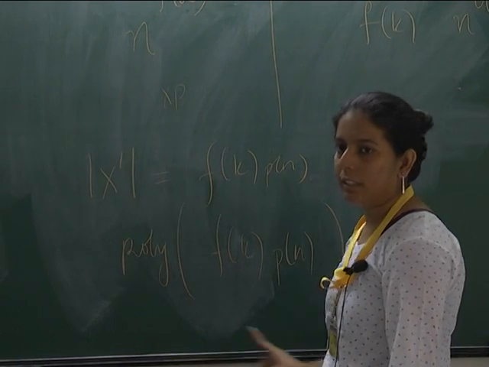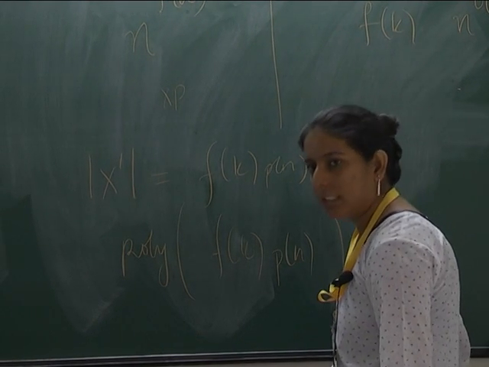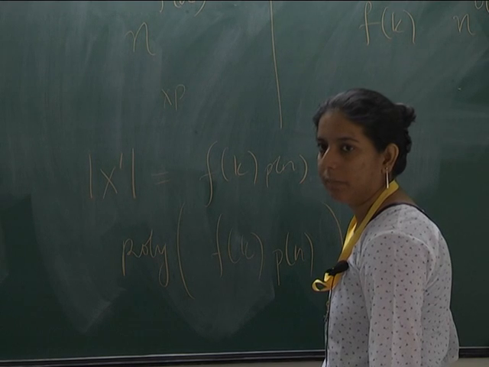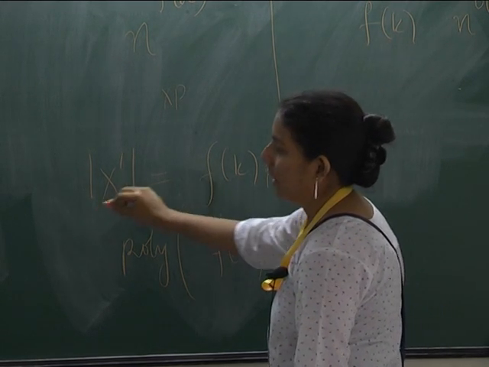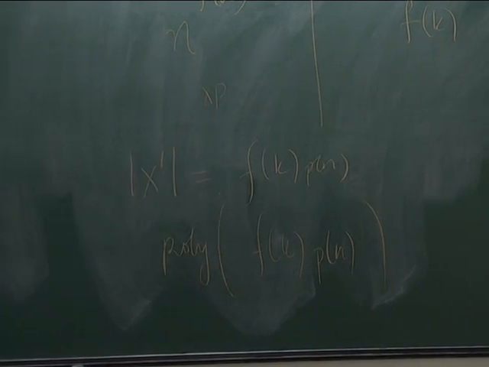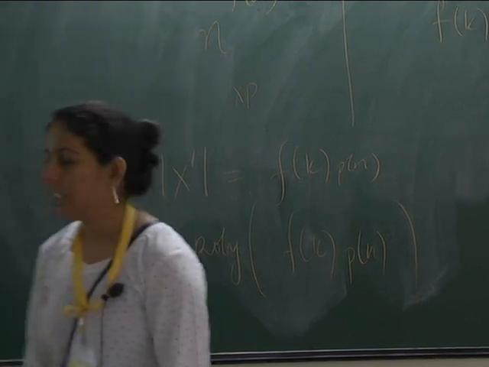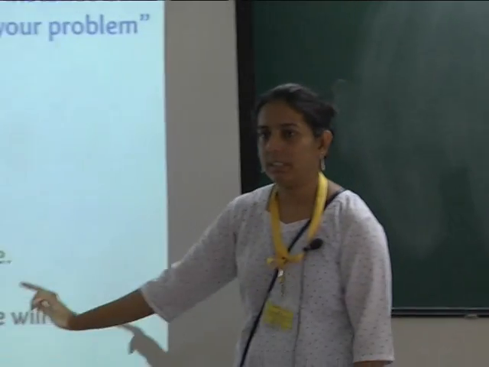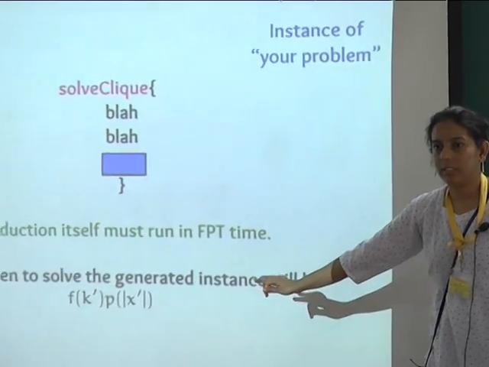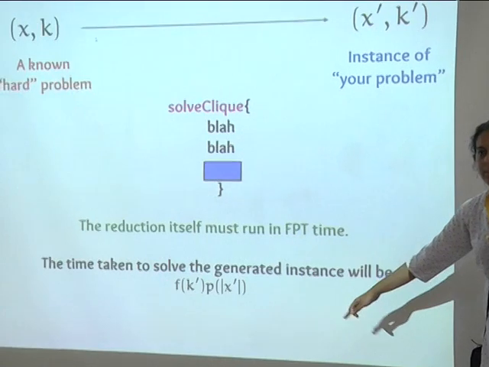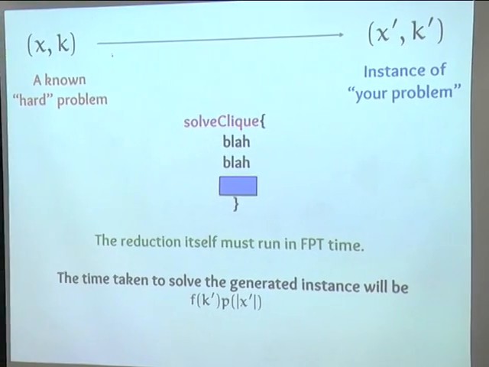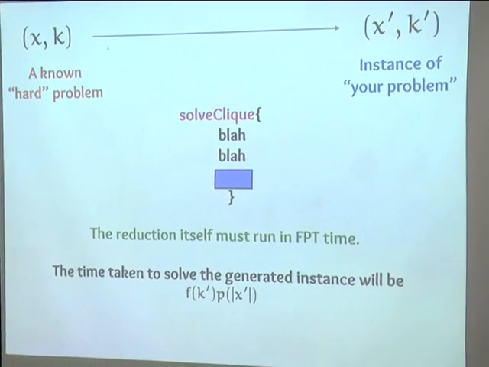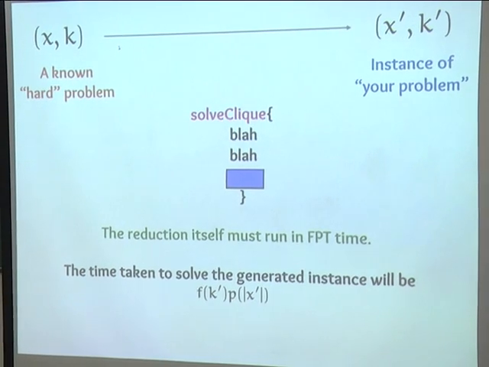The running time is not polynomial in the size of the input, but it's still FPT in the size of the input. So there's no danger in turning X prime into an FPT-sized object, but there is a danger if you allow k prime to start depending on n, because that will destroy the FPT-ness of this running time more seriously. But here you're okay, because poly of f of k still has the required format.